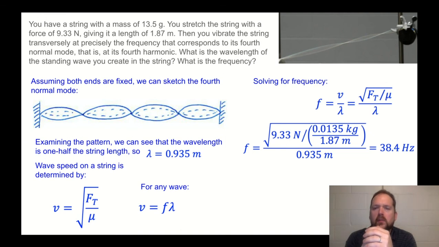Divided by the 1.87 meters, put that all in a square root, divide it by the wavelength of this mode, which is 0.935 meters, you would find that the frequency that is required to produce this standing wave pattern is about 38.4 hertz.